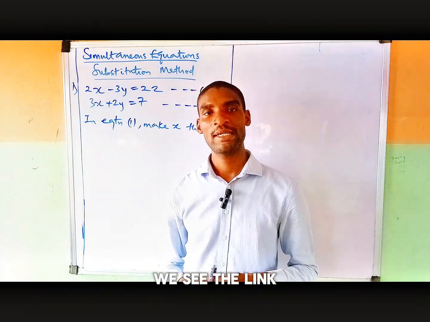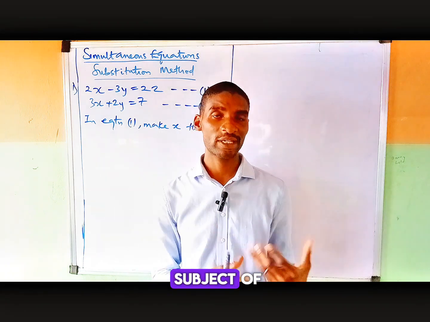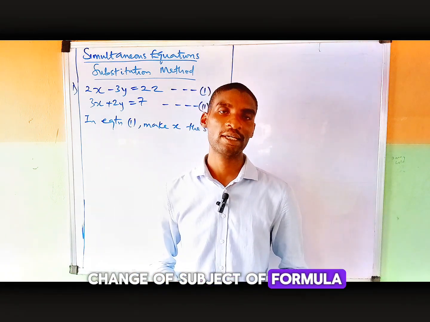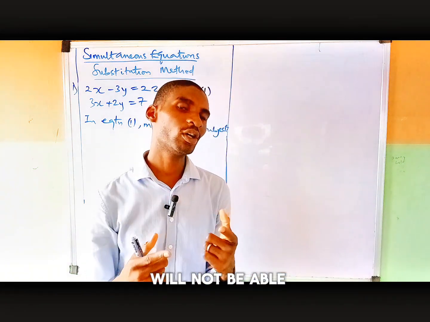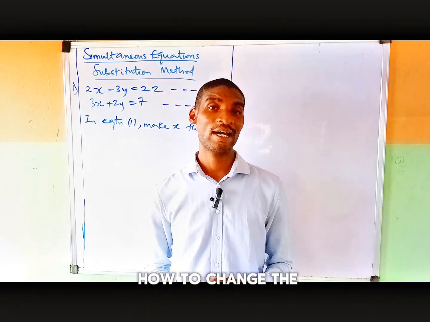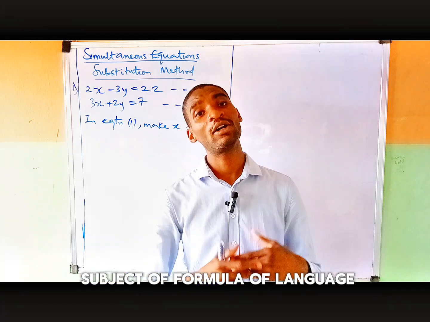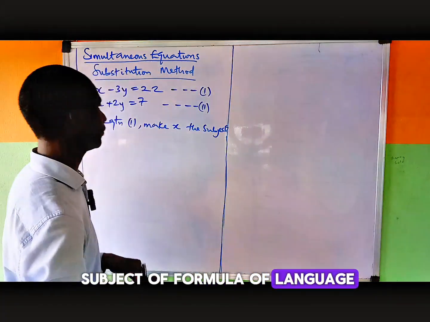You will see the link to the topic on change of subject of formula. It's very important. You will not be able to solve substitution method if you don't understand how to change the subject of formula of an equation.